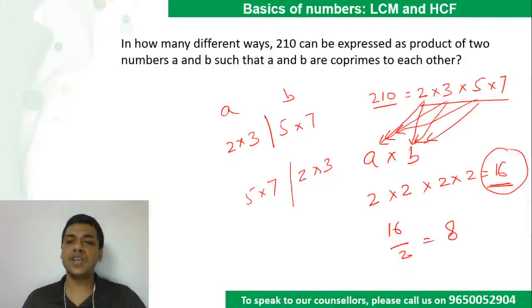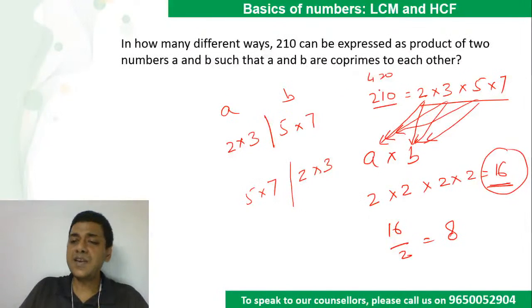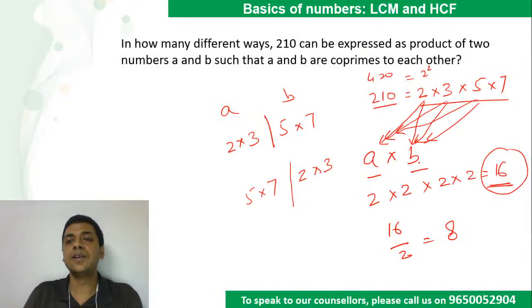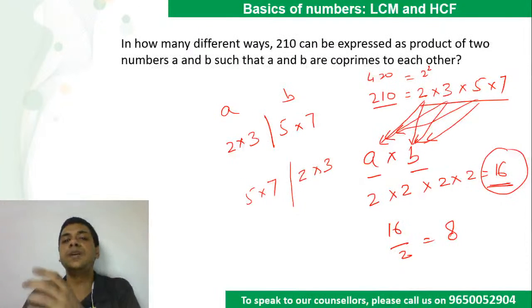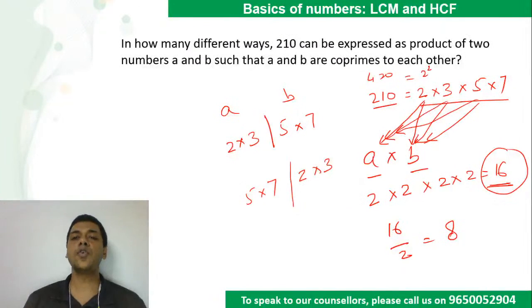In the previous question, had it been 420, my answer would have remained the same, because in that case it would have been 2 square. So I would have said either 2 square will be a part of A or a part of B. It cannot happen that one 2 is a part of A and one 2 is a part of B, because in that case they will not be co-prime.